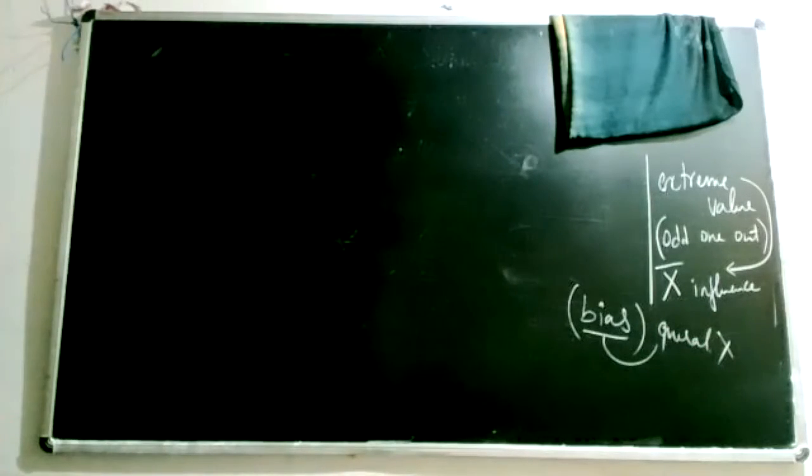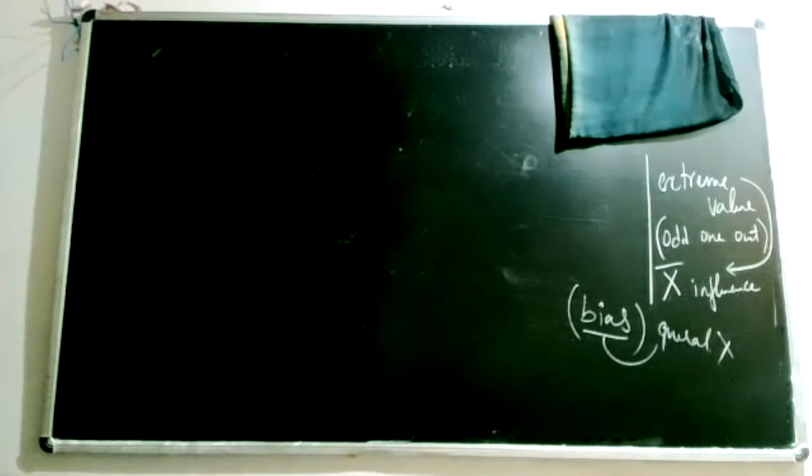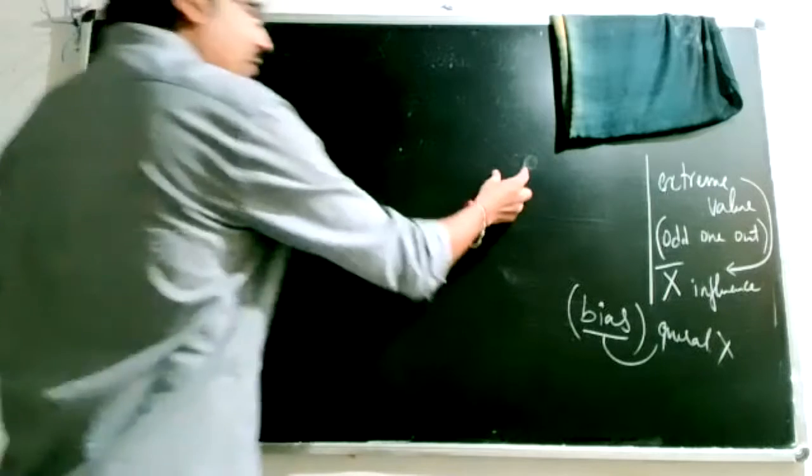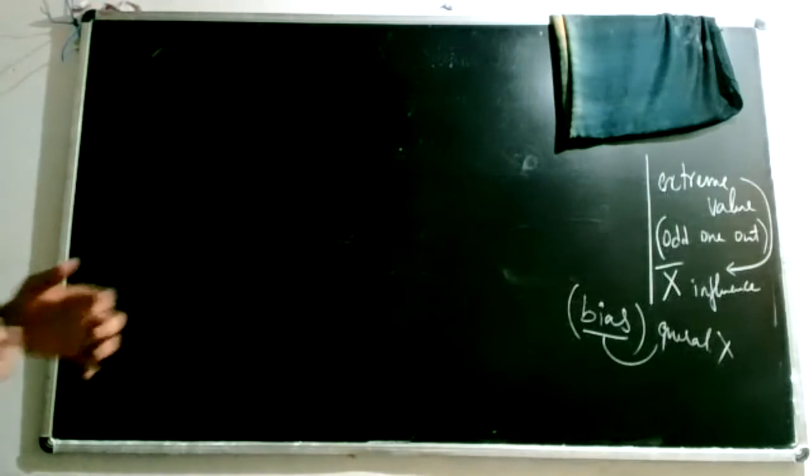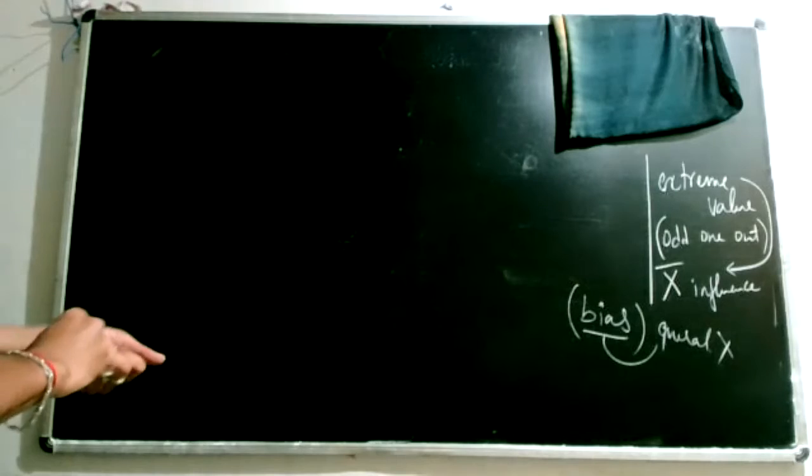So generalization becomes very difficult. Is there any scientific or mathematical technique available for identification and removal of extreme values? Yes, we have. We'll look into those methods as we proceed in the class.